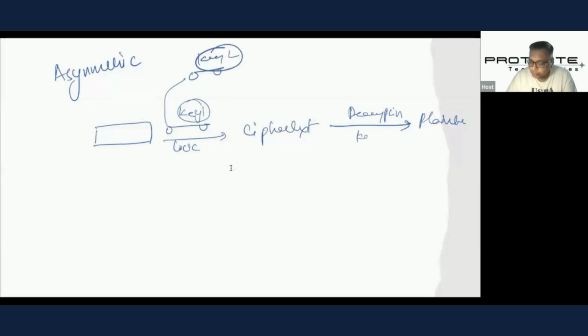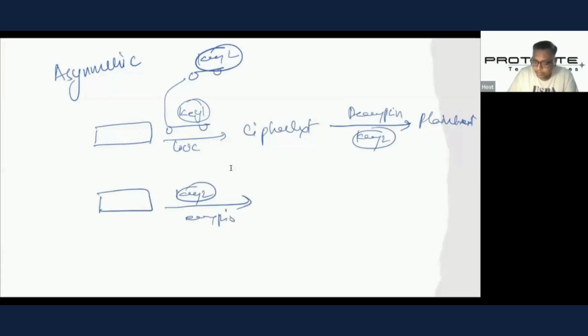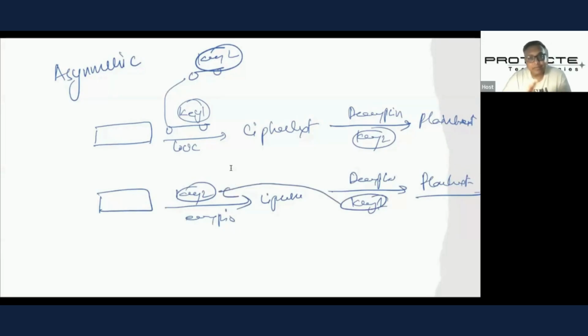You use key 2 for the decryption operation. Or if you use key 2 for encryption and create ciphertext, then to decrypt you have to use the paired key, that means key 1. So these two keys are complementary to each other, and that's why it's called an asymmetric crypto system. We'll understand their application, how they protect confidentiality and integrity.